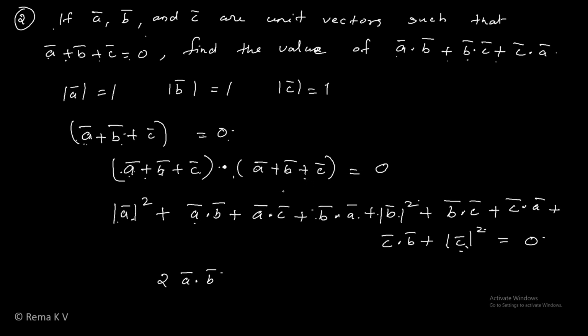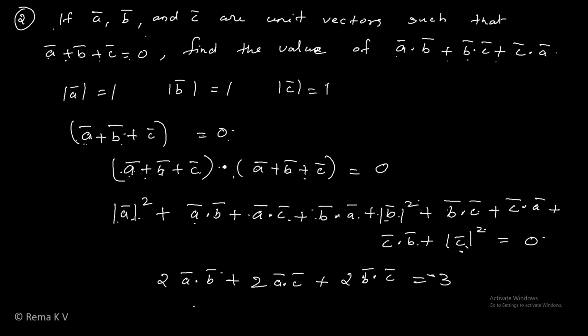Similarly, A dot C and C dot A are same, so we can write it as 2 vector A dot C. Then the third one is B dot C and C dot B, which we can write as 2 vector B dot C. This is equal to 1 plus 1 plus 1, transposed to the right side, it becomes minus 3.